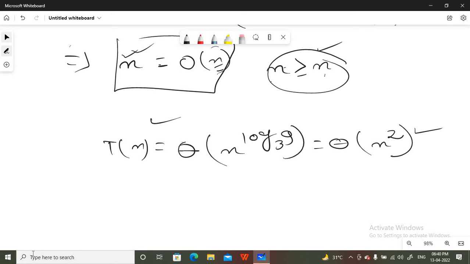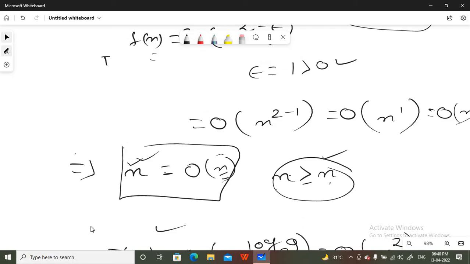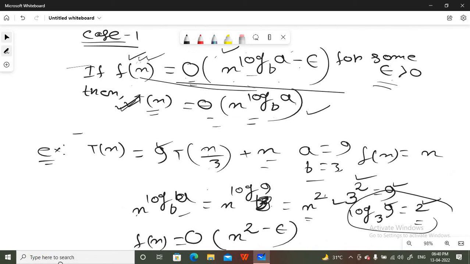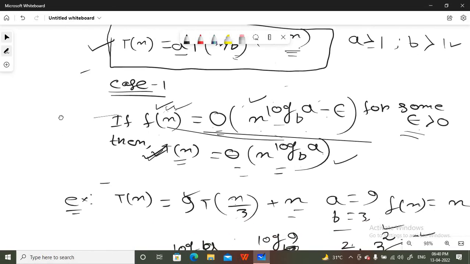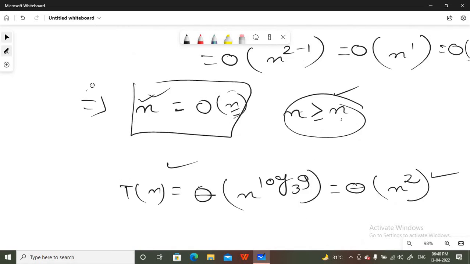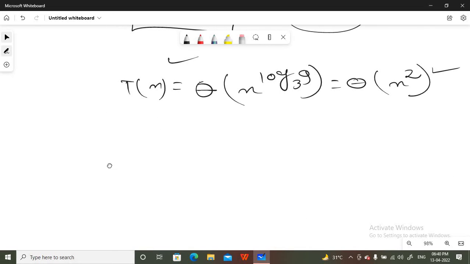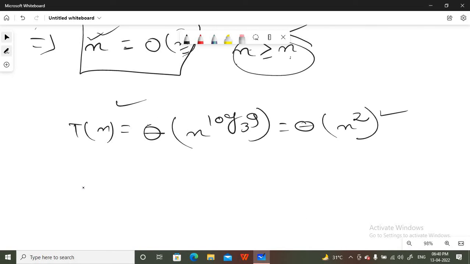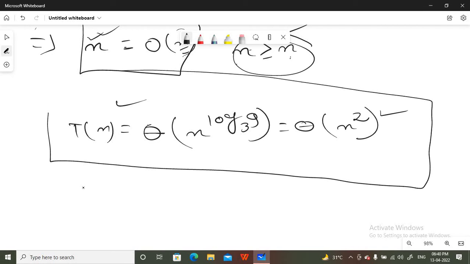Now you can see how easy it is to calculate our time complexity. If I do it with the recursion tree like we did earlier, then it will be very difficult. So how easily, with a very small amount of time, I can calculate the time complexity of this equation.